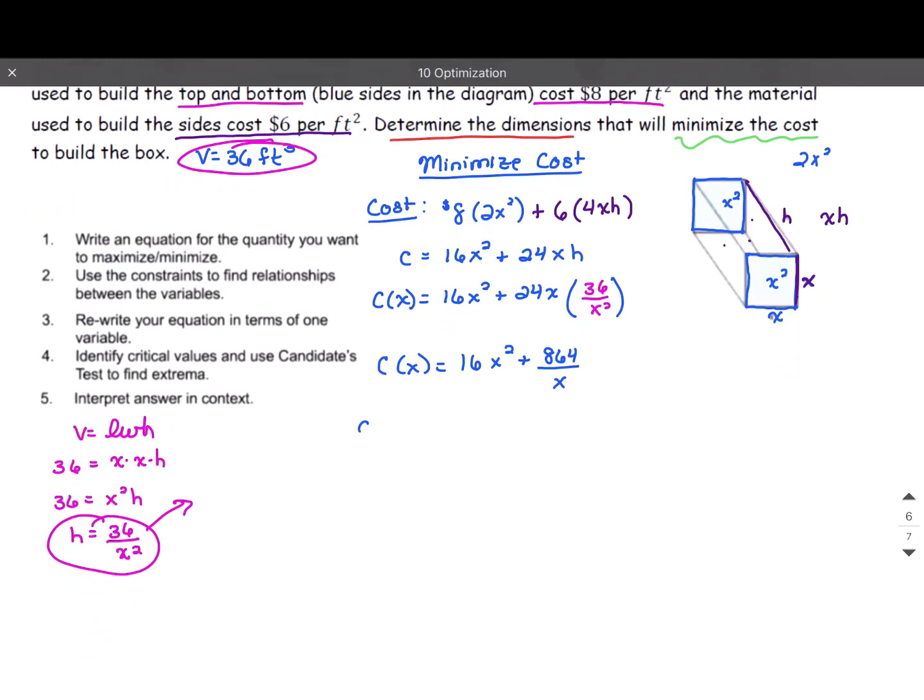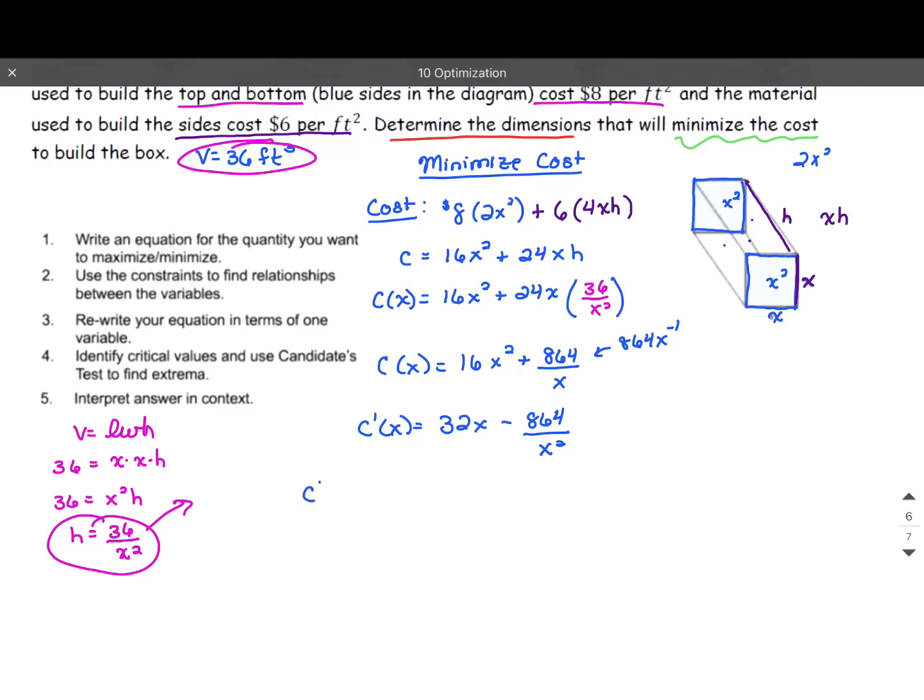Now we're going to take the derivative. So c prime of x is going to be 32x minus 864 over x squared, right? Remember, this is 864 times x to the negative 1. So bring down the negative 1, keep the 864, x to the negative 2, which is why it's over x squared.